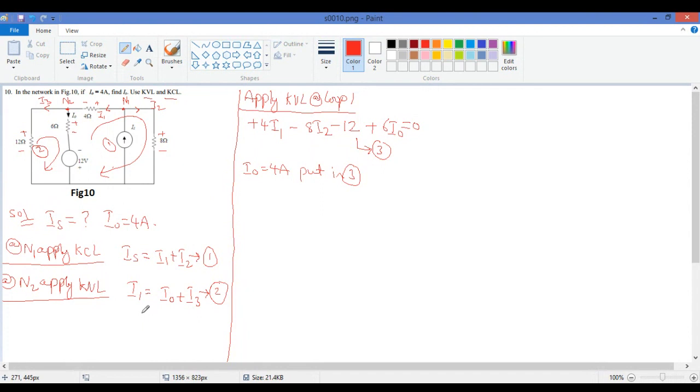So we put I naught equal to 4 ampere in equation 2. If I put this in equation 2, tell me what happens. I naught will be 4, but I3 is not known, right? I3 is not known here.